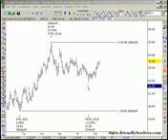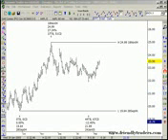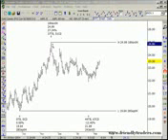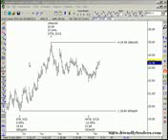It's a complex correction. So let's talk about how basic yet very powerful this information is. We have a trading range from the September 28th low to the November 18th high that has impulsive characteristics, characteristics of a trend, and the decline off the November 18th high has corrective characteristics.